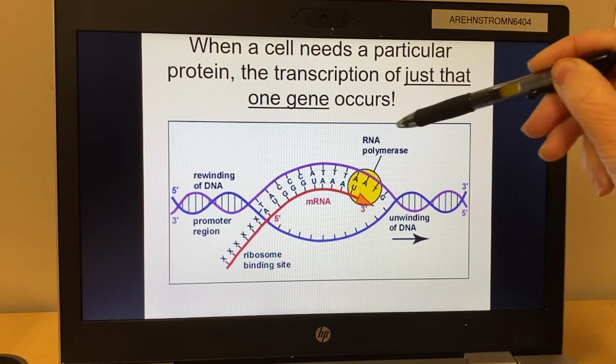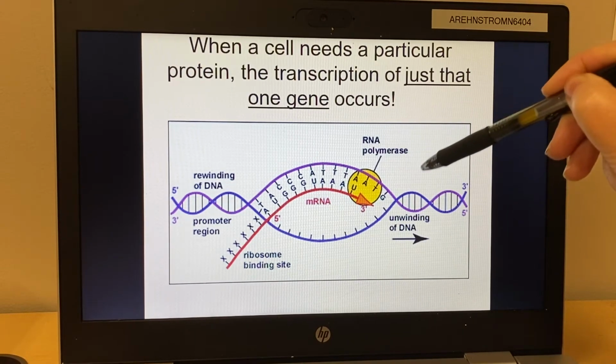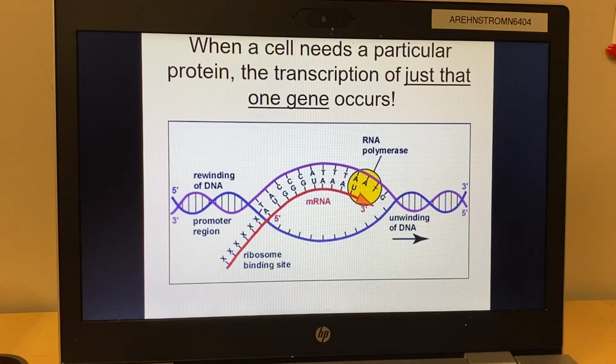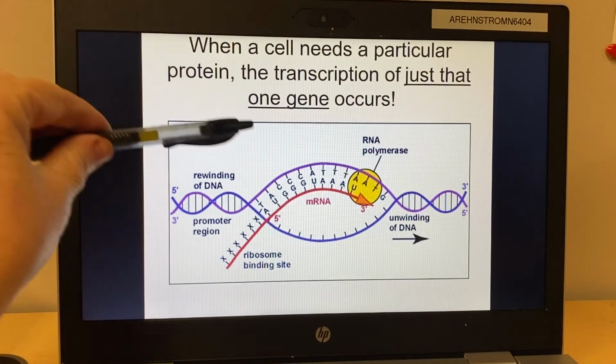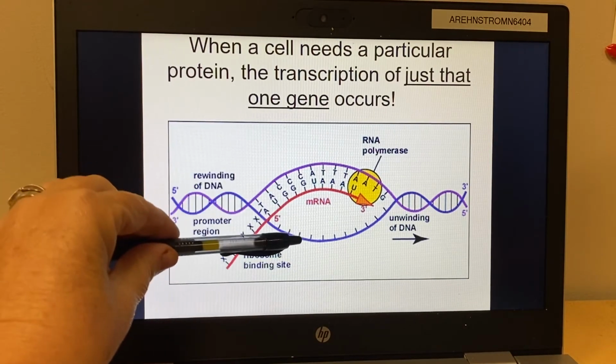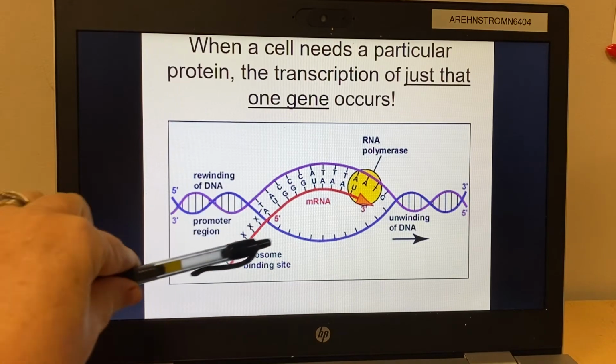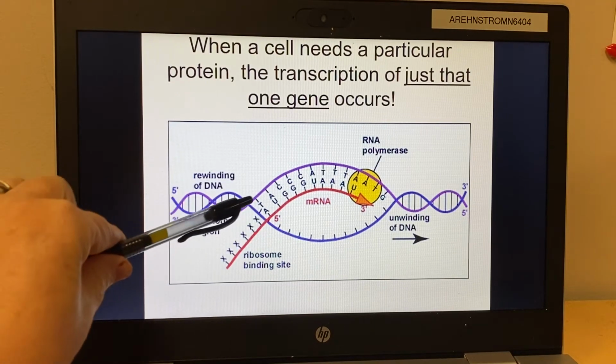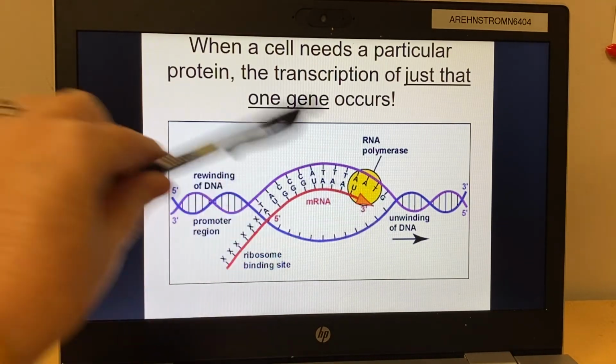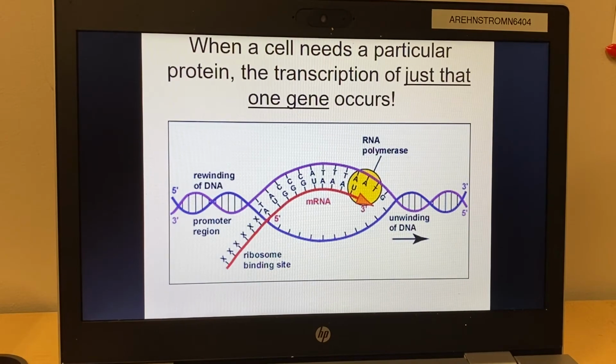In this sense, it's making a polymer of RNA. At the start of the gene, the DNA unzips, which it can do because of its hydrogen bonds. RNA polymerase comes and sits right here, and then it starts working its way along the gene, performing transcription.